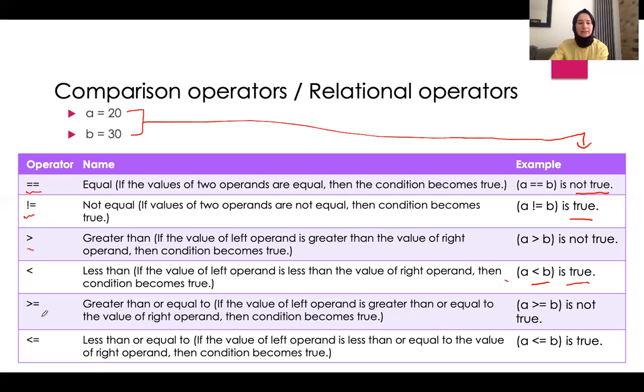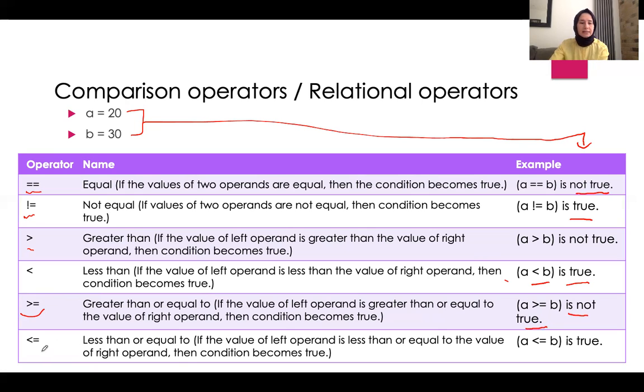Then we have the greater than or equal to operator. If the value of the left operand is greater than or equal to the value of the right operand, then the condition becomes true. This will not be true as a is smaller than b.